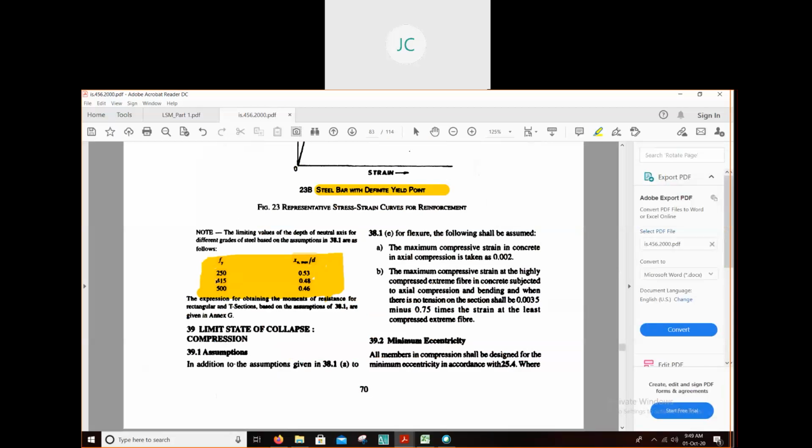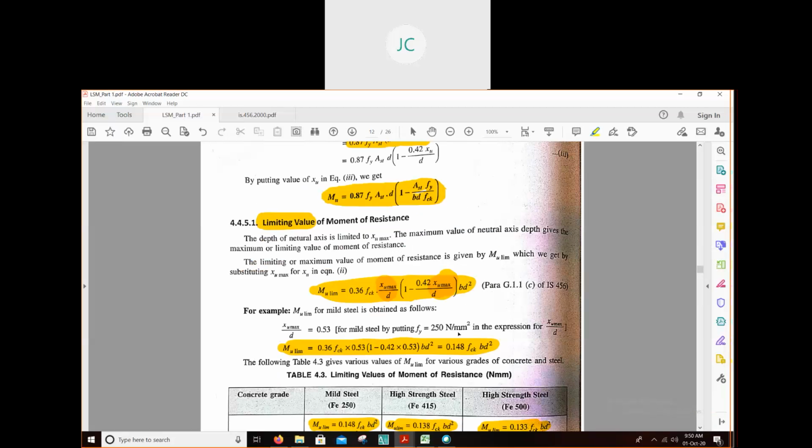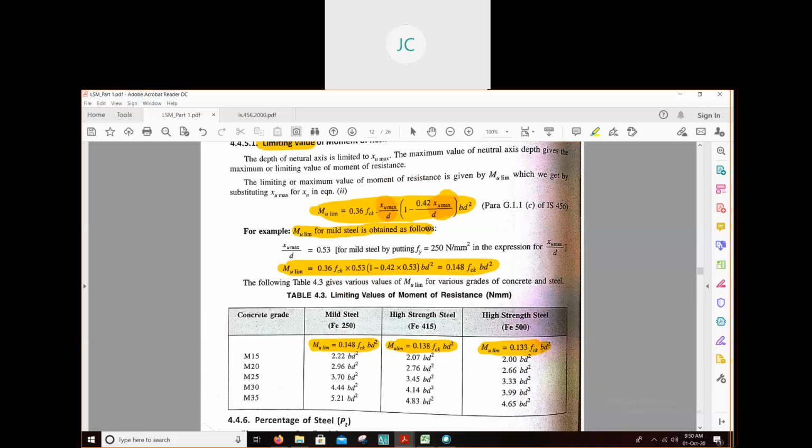If you are using mild steel, you can directly put XU max by D equal to 0.53. Similarly, if Fe415 is given, you can put 0.48, and for Fe500 you can put 0.46.